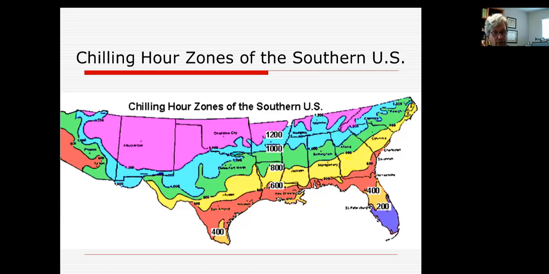That's the cold tolerance of that plant. And then we also talked a little bit about this chilling hour zone of the US. And that's for temperate flowers and temperate fruit trees, so they know when winter's over. Those are some different classifications you may see as you're going through all the trainings of Master Gardeners and beyond.